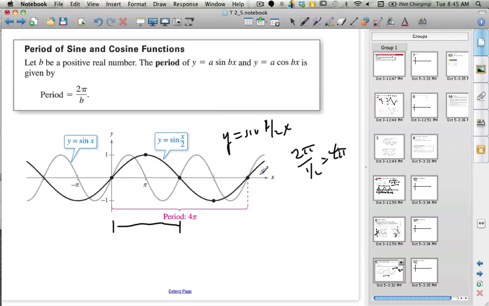When the period doubles, my graph has been stretched horizontally. So the larger the period, the more it gets stretched horizontally. The shorter the period, the more it gets compressed horizontally. So remember, amplitude deals with vertical stretching, and period relates to horizontal stretching or compression.